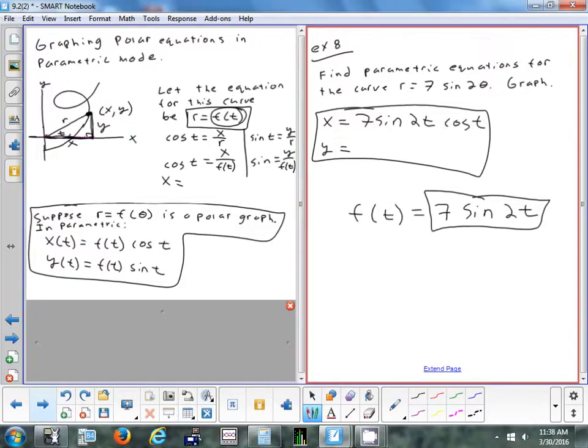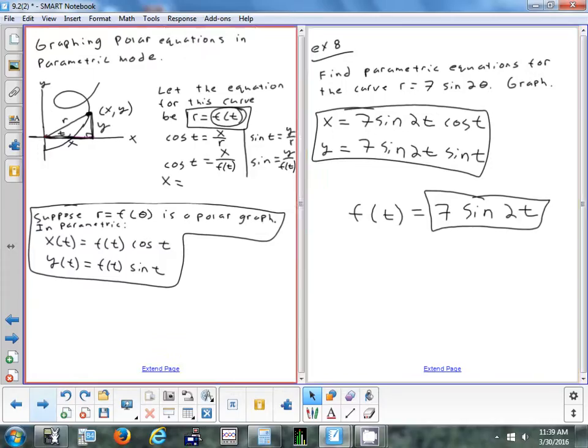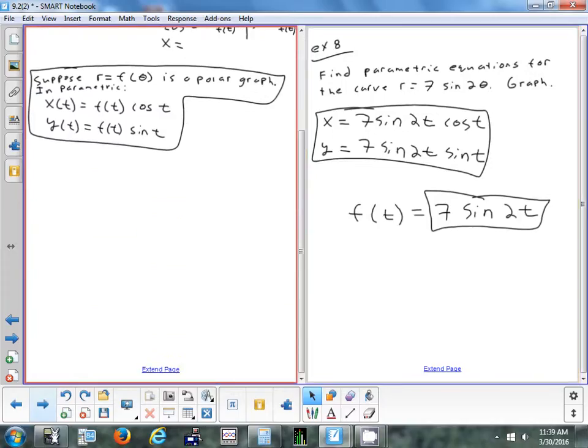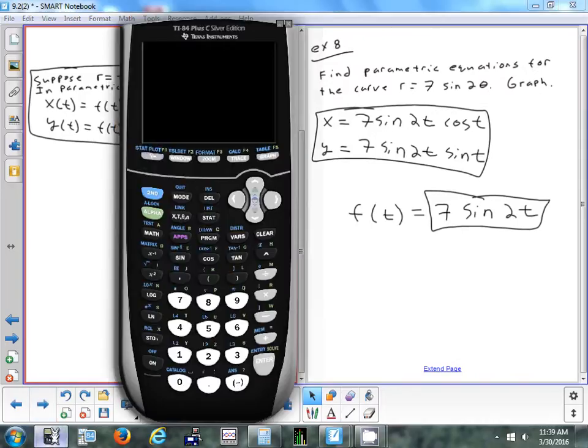And what do you multiply your radius by to get just the vertical part? Sine t. Don't try to do sine squared or anything fancy because the arguments are different. So 7 sine 2t sine t. Now I'm going to graph the polar and the parametric and show you that they come out the same.